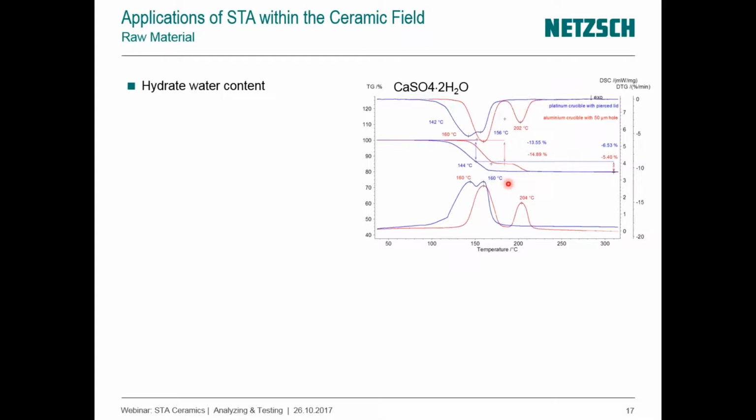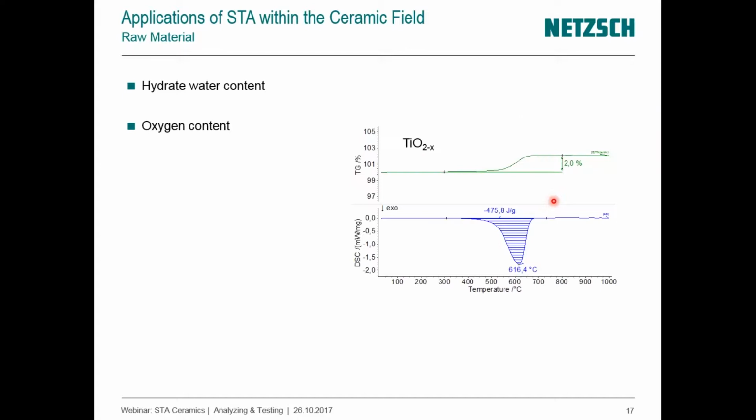Of course, we can go further with these kinds of testing. So we can, for instance, also have a look at hydrate water content. Here an example of a calcium sulfate material. And we use here the same principle. And normally, if you just would heat it up on normal system condition, you would get a broad mass loss, which is related to the complete water loss.